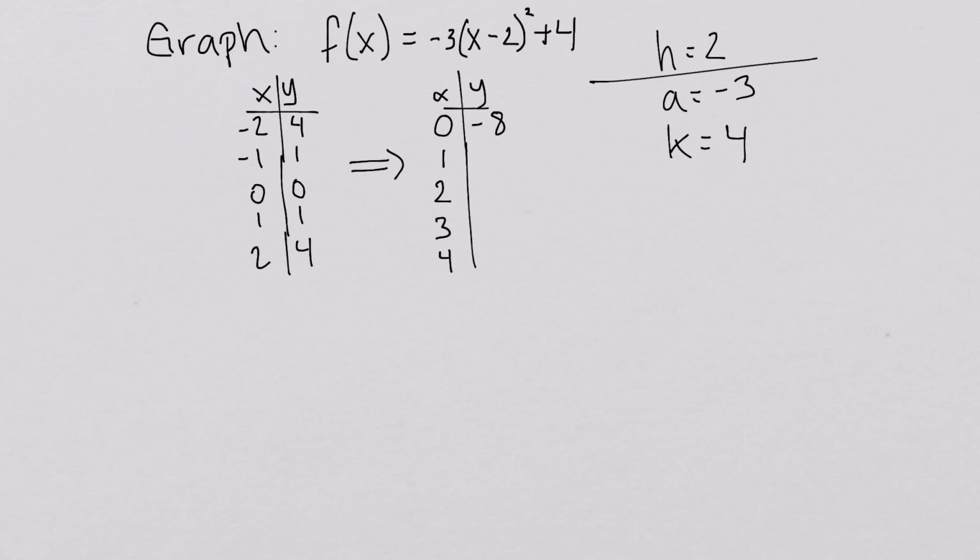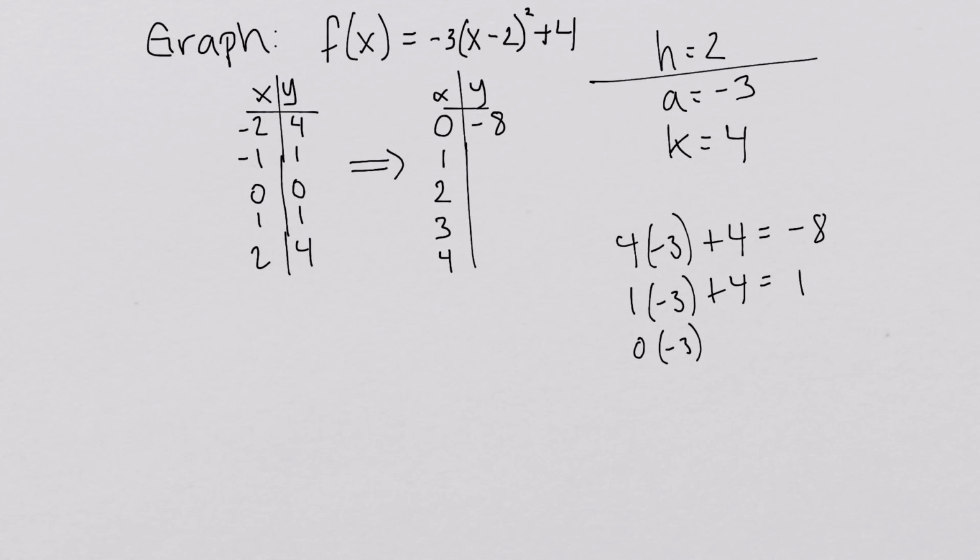So this is what I did. I took this 4 right here, and I did 4 times negative 3, and then plus 4, giving me negative 8. I'm going to write each one so you guys can see. 1 is the next one, times negative 3 plus 4. That's negative 3 plus 4 is 1. 0 times negative 3 plus 4. That'll give me 4.